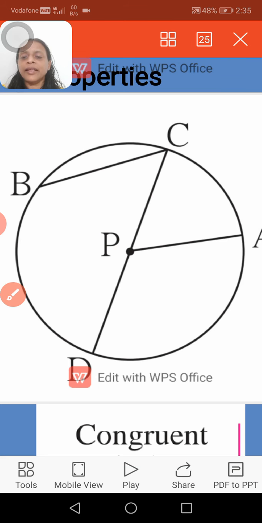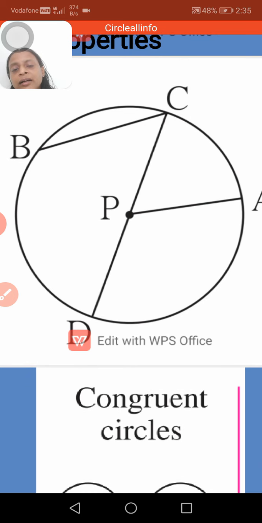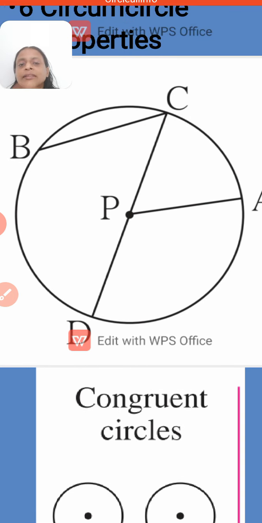Next, you can see here that point C and point D are joined. Similarly, point P and point A are joined. Point P means the center joined with a point on the circle. And here one more construction has been done: B is joined with C. Then we will start from there.